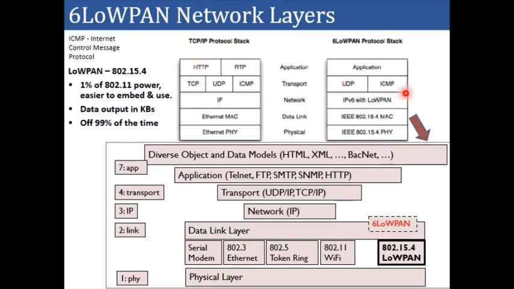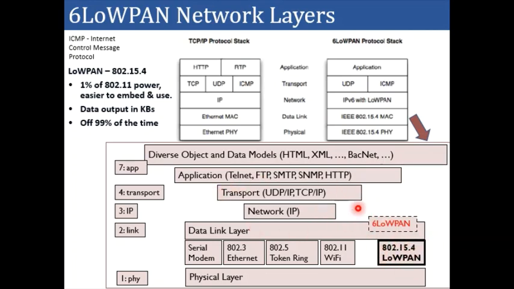The only change is the lower three layers, where standard IP is replaced with IPv6 with the low-power capability, and then the data link and physical layers are based on 802.15.4. So in the structure of the 6LoWPAN protocol stack, you will have the 6LoWPAN interface layer which connects the IP layer with 802.15.4.